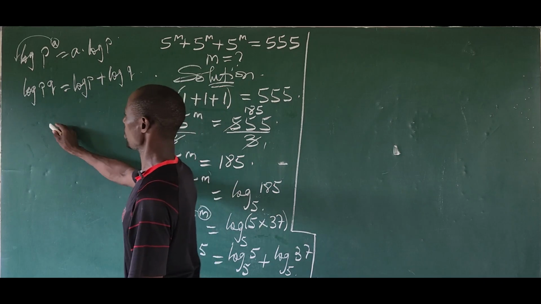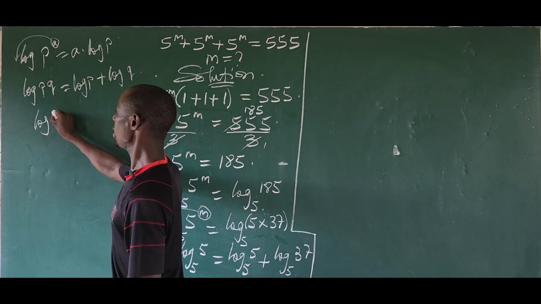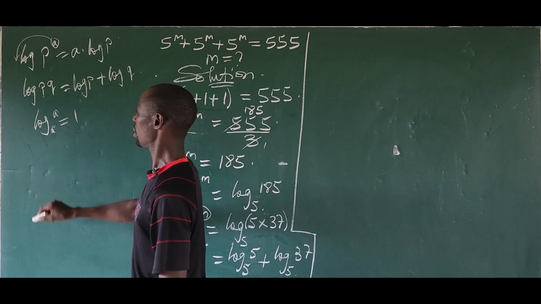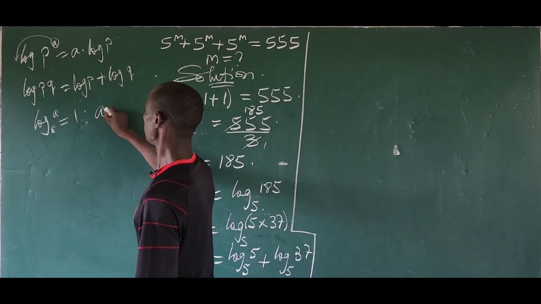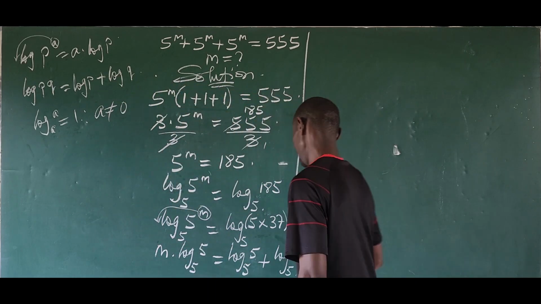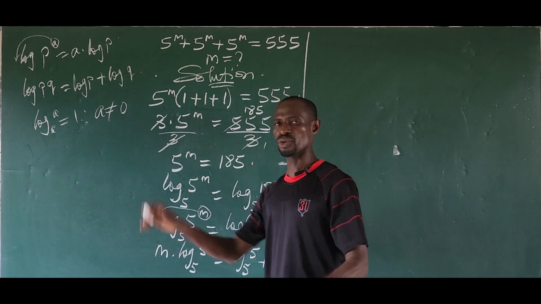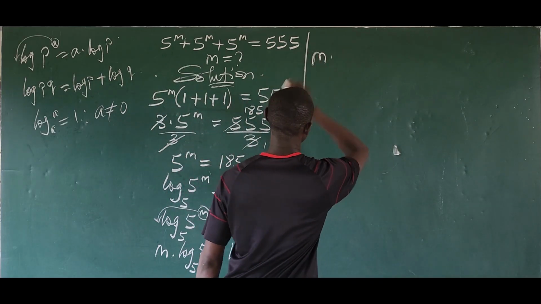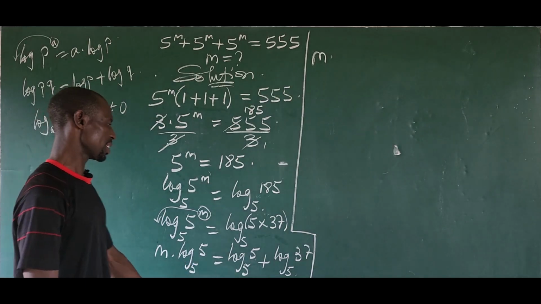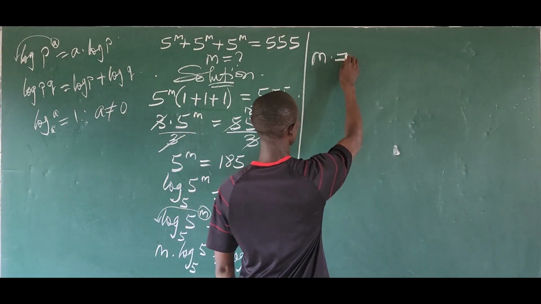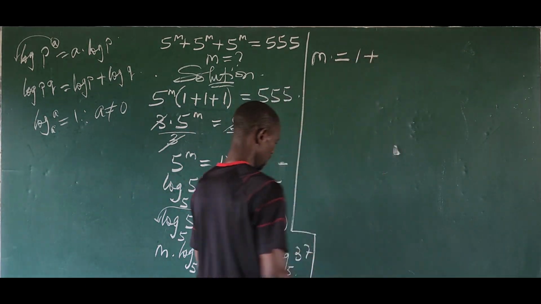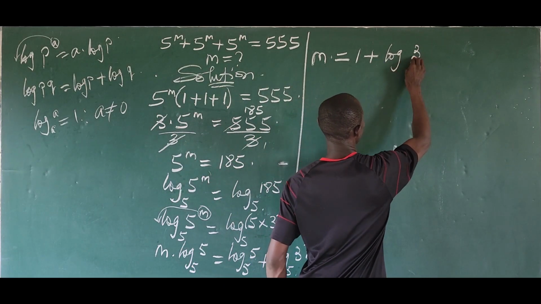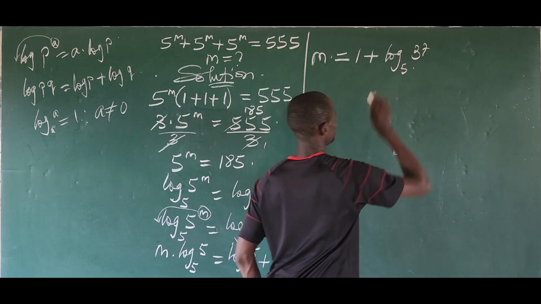That law says that log a base a is equal to 1, provided a is not equal to 0. So this is not 0, so that law can take effect. So this will now give us m times 1, which gives m on this side, and this first expression will also give us 1 plus log 37 base 5.